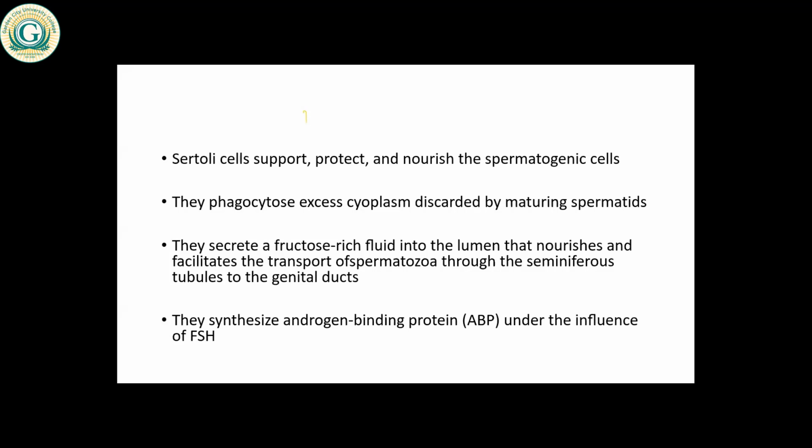They phagocytose everything, discard. If you are not well produced, they will destroy you. So the Sertoli cells still behave as white blood cells. And then they secrete fructose-rich fluid into the lumen that will feed the developing spermatozoa. So they still feed them.